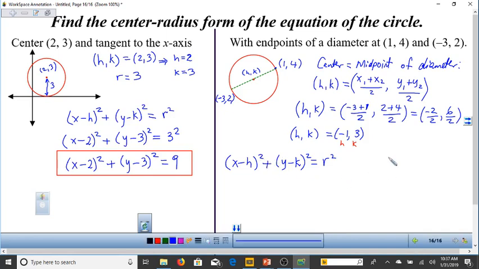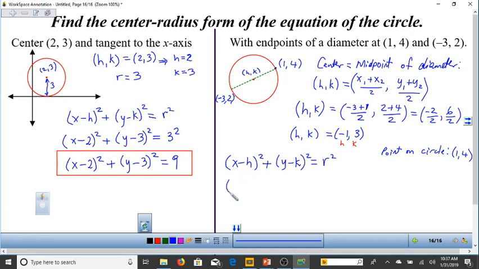And then we are going to choose one of these points, say, 1, 4. So we know that HK is that, and let's use a point on the circle, because it's the end point of the diameter, so it's a point on the circle, 1, comma 4. I could have used the other point as well. So we're going to plug them into this equation here.